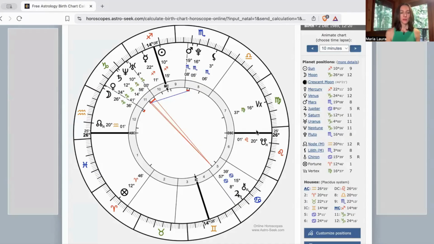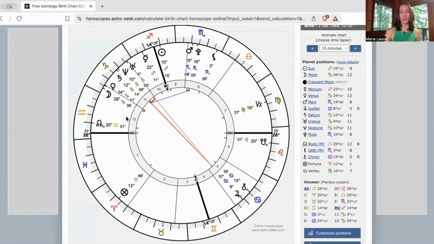And let's do one more example. Let's say there's a new moon that falls at 27 degrees of Capricorn. So just here, it's close to the moon. And the moon rules Cancer. Okay, so we know this has to do with her 12th house.